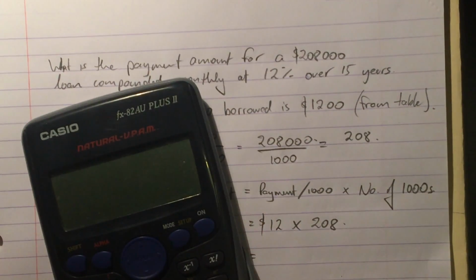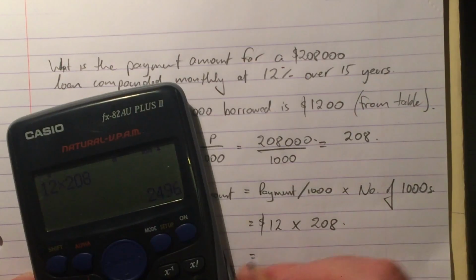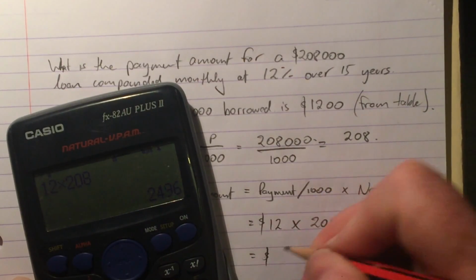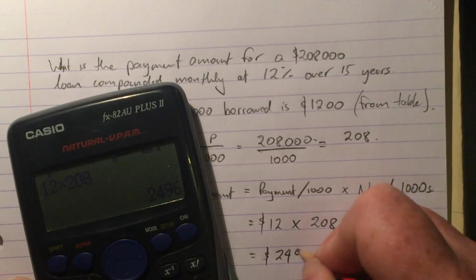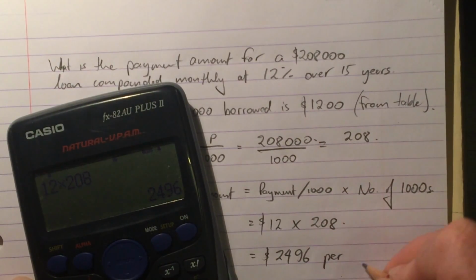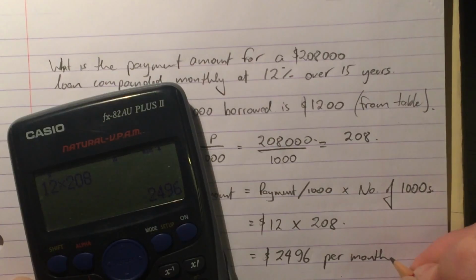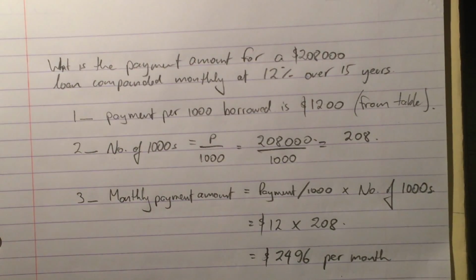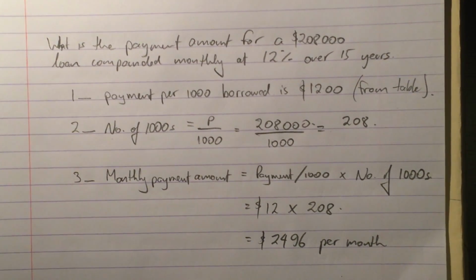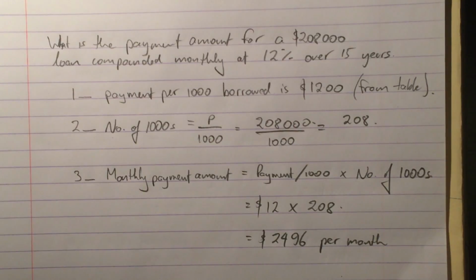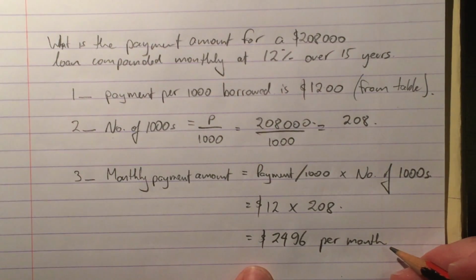Using your calculator, 12 times 208, we get a payment amount of $2,496.80, and these payment amounts are per month. So that's the first example, the simple example of working out the payment per month.